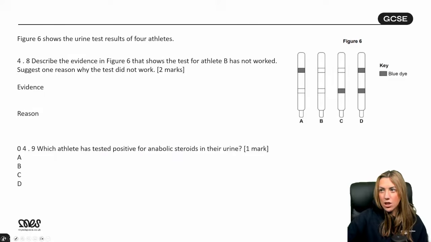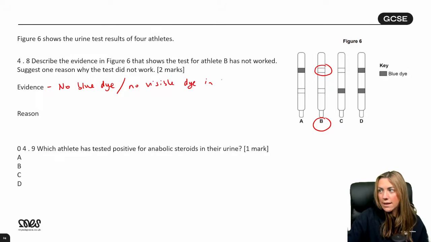Figure 6 shows the urine test results for 4 athletes. Describe the evidence in figure 6 that shows that the test for athlete B has not worked, and suggest one reason why the test did not work. Well, if you look at the control area, which was here, you can see there is no blue dye or no visible dye in the control area.